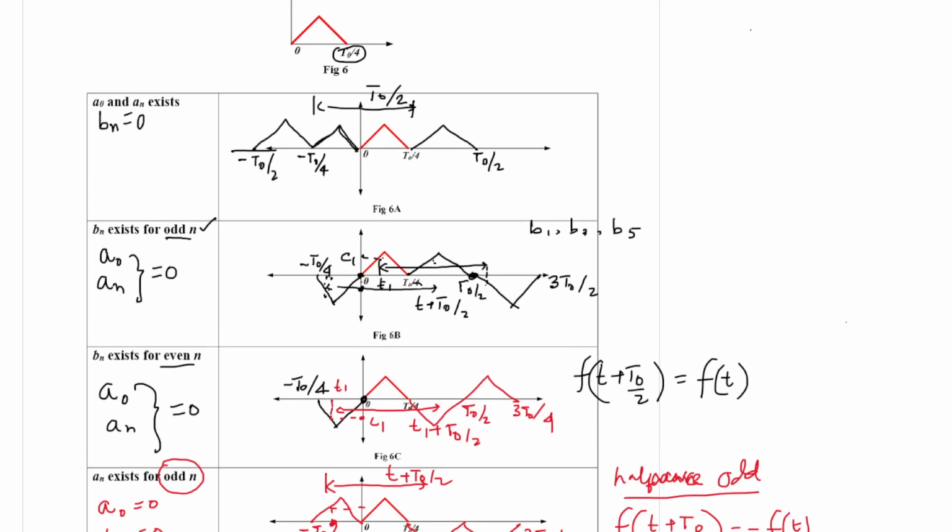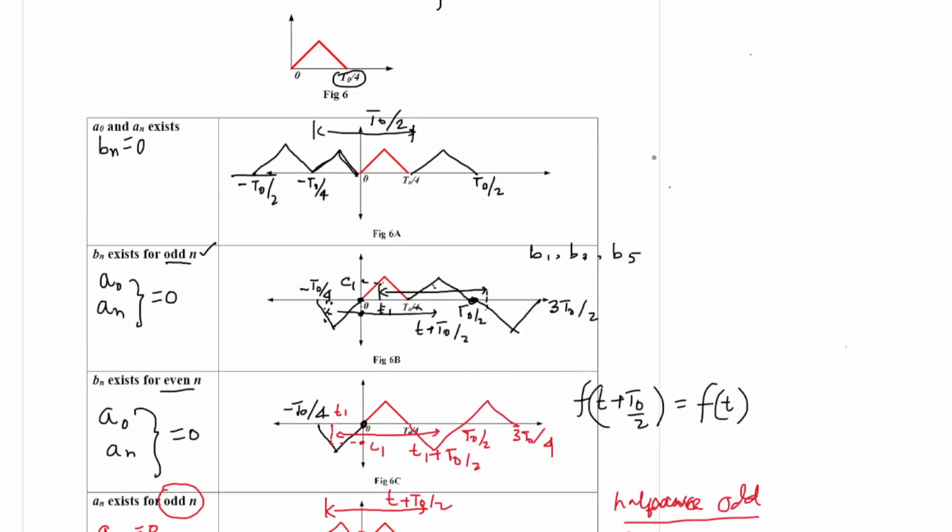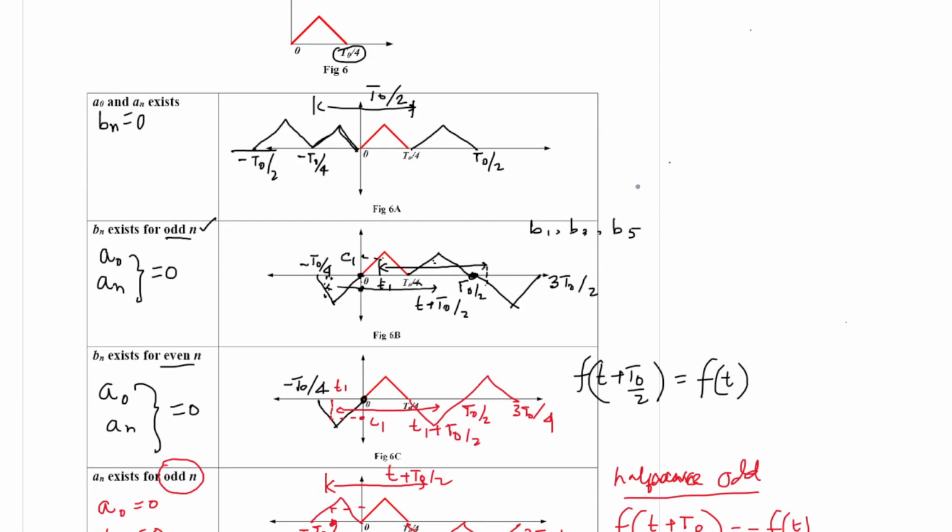Please try to understand that these are all the same waveforms actually, arranged in a different manner. Depending on that, different A0, An, Bn will exist for different conditions, right? The first one, the complete waveform, goes like this. The second waveform is like this.